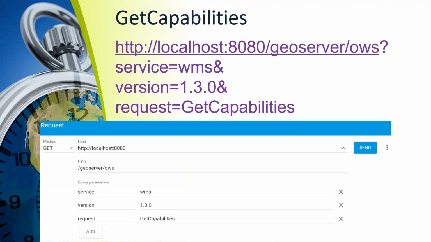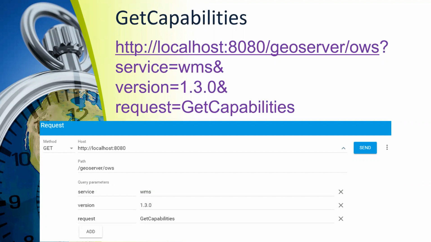So let's check the other one. This is the previous one. Is there any difference? Of course, don't tell me the screenshot. The URL. The service. Okay, service and what else?